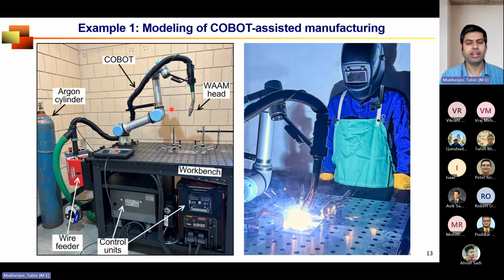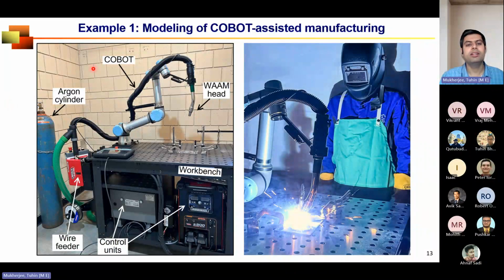Okay, great, thank you. So my first example is modeling of collaborative robot or cobot assisted manufacturing. So this picture is at Iowa State in our lab. So collaborative robot is a new technique. There was a concern that with the use of robotic technologies and automation, there might be a significant cut in jobs.